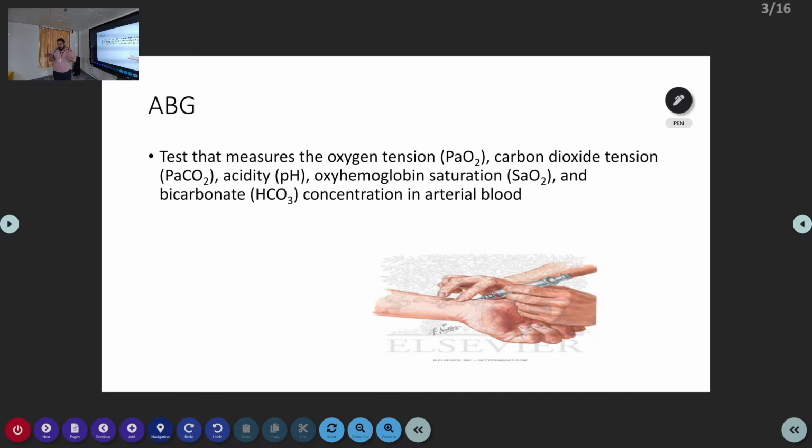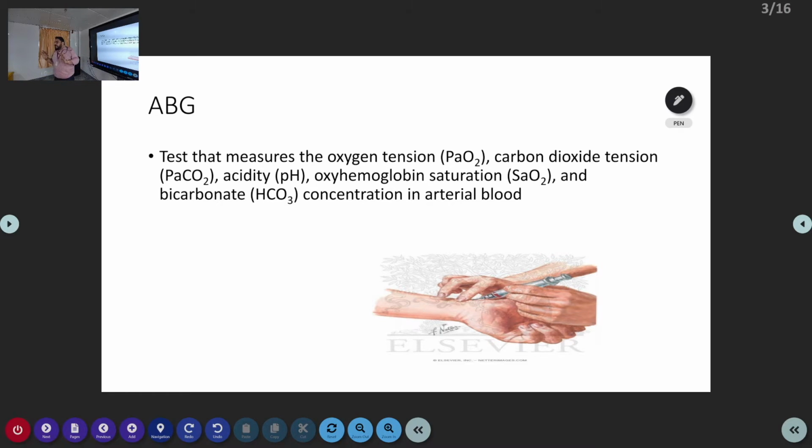Before going to the method of taking an ABG, I wanted you to know what is meant by an ABG. ABG is basically a test that measures the oxygen tension, that is the PO2, carbon dioxide tension, that is the PCO2, oxygen saturation level, that is the SO2, or you can call this oxyhemoglobin status, acidity, that is the pH of the patient, and also the bicarbonate.